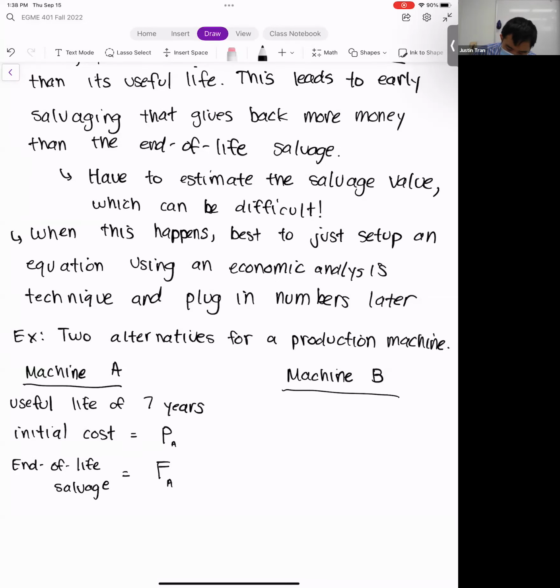All right, so now we have machine B. And so machine B will have a useful life of 13 years. Right, the initial cost for option B will be P sub B, which again, we don't know.